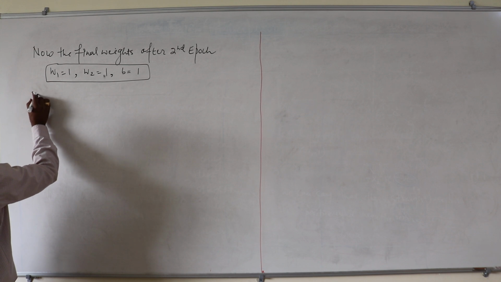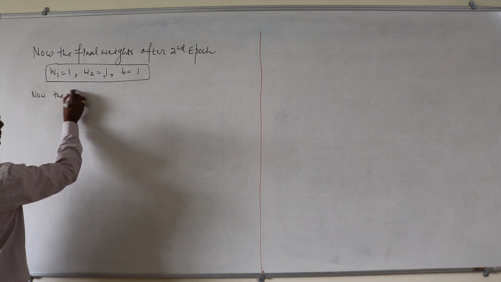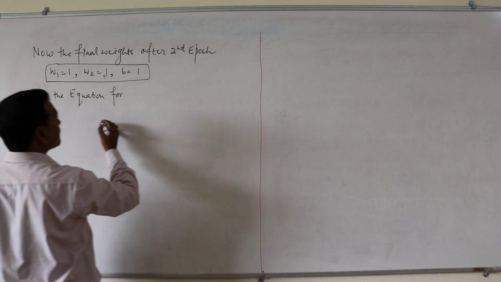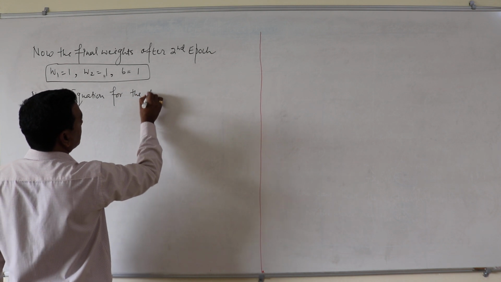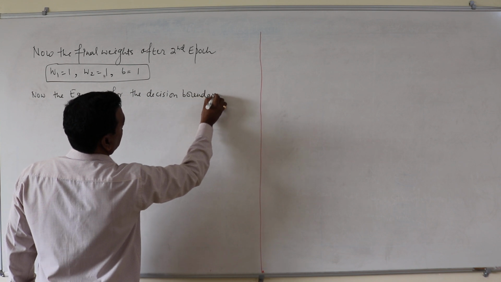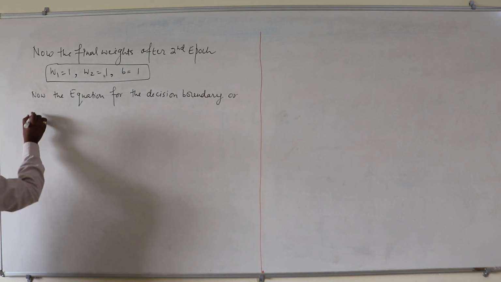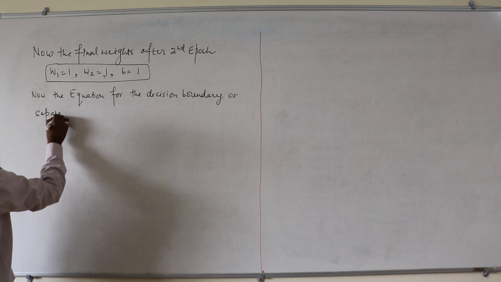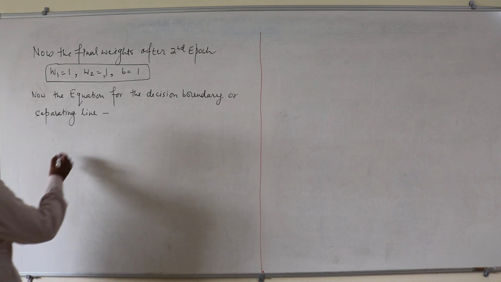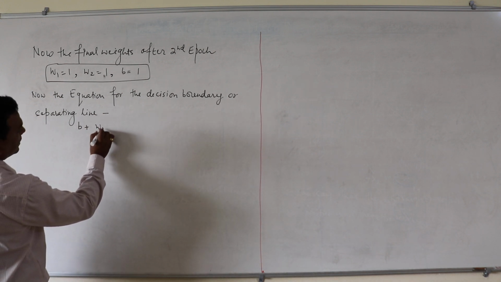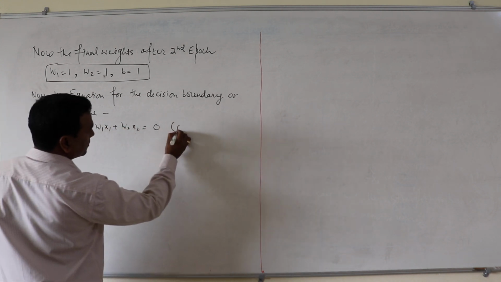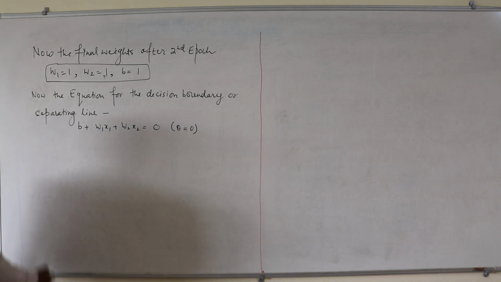Now the equation for the decision boundary of the separating line can be given as B plus W1 x1 plus W2 x2 equals 0, because theta is 0.